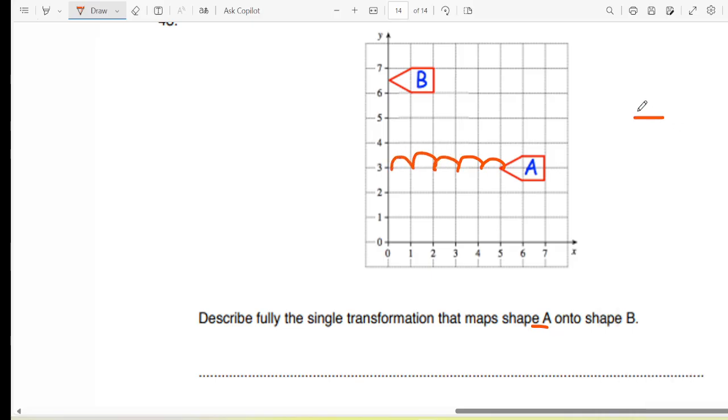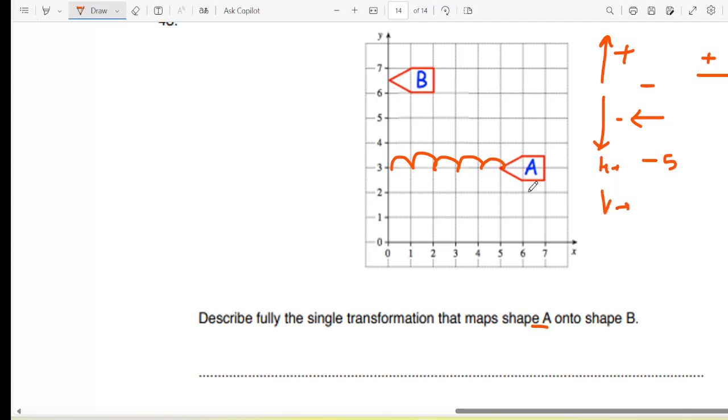Because I'm going towards the left, I would write -5, right? If I go towards the right, I use positive numbers, and for left I use negative. Similarly, if I go upward I use positive, if I go downward I use negative. So -5 is for horizontal.